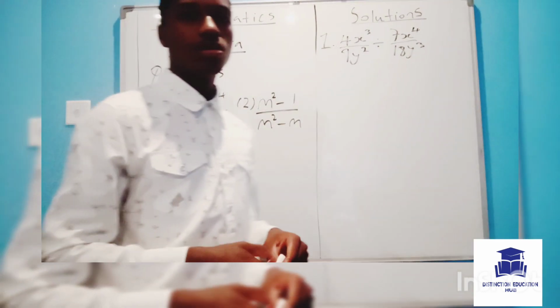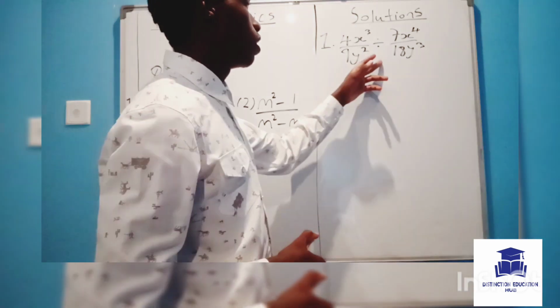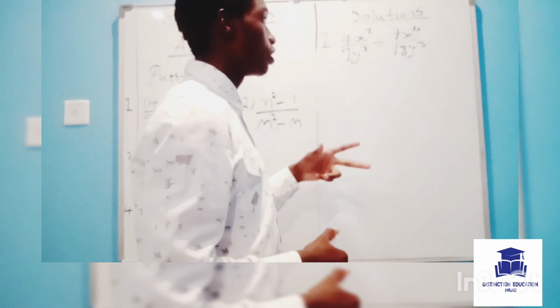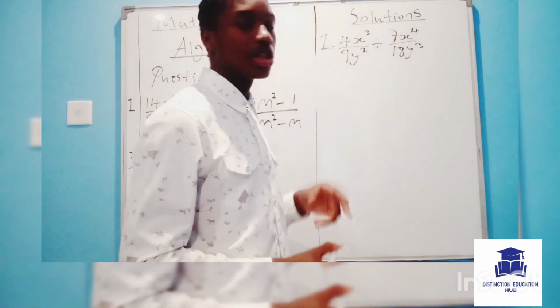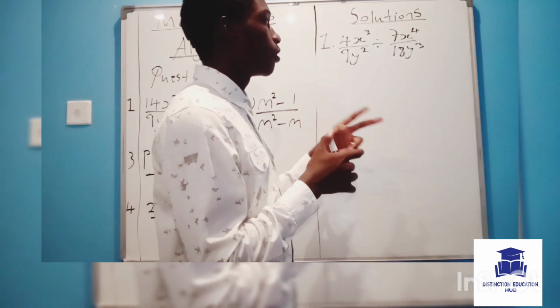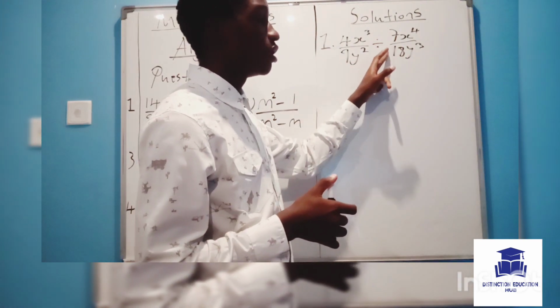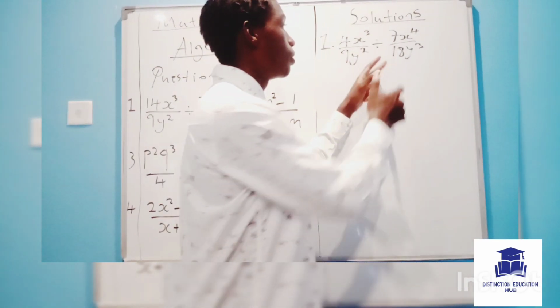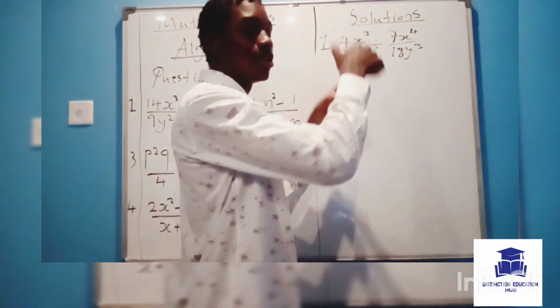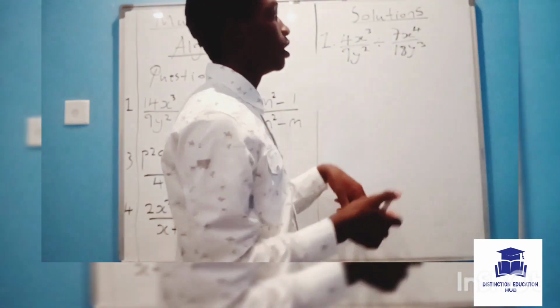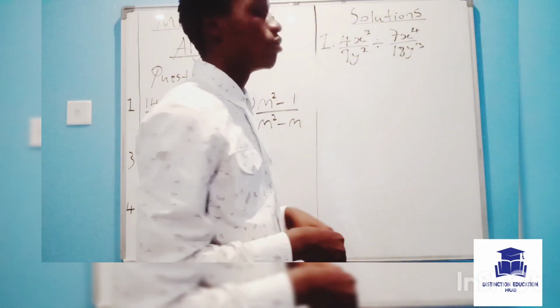So before you do anything, in order for you to proceed with your calculations, you have to bring in the multiplication sign. In order for you to bring in the multiplication sign, you have to swap this fraction here. You have to swap the 18y to the power 3 as it will go on top, and the 7x to the power 4 will come down. Then the multiplication sign will come in.